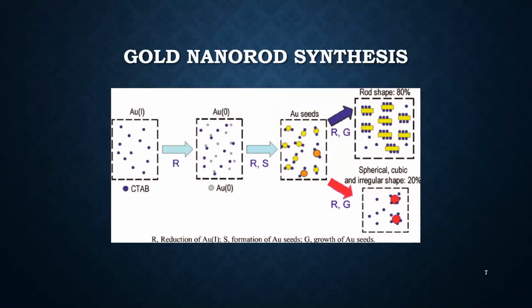There are four main methods to produce gold nanorods: electrochemical, photochemical, seed-mediated, and template approaches. The most common approach to obtain high quality gold nanorods is the seed-mediated growth technique.